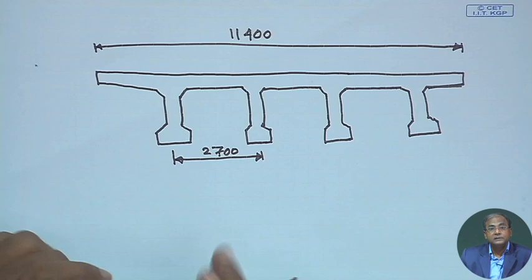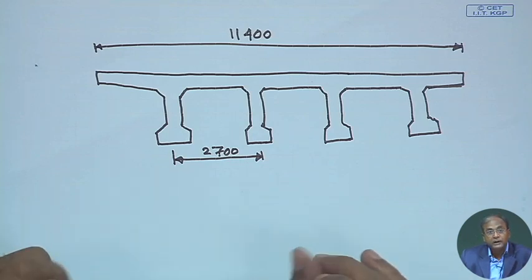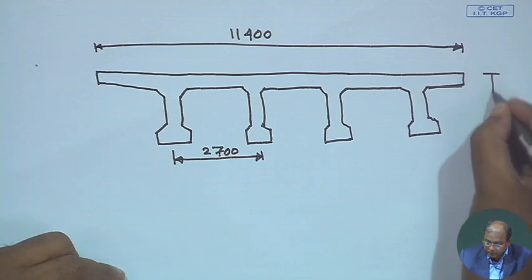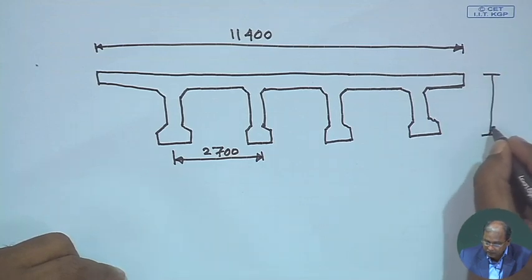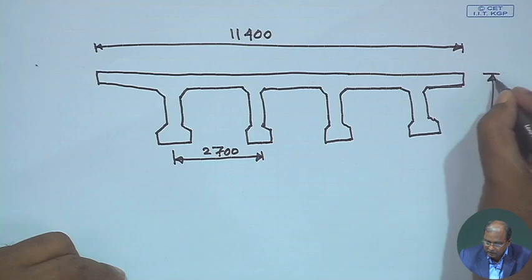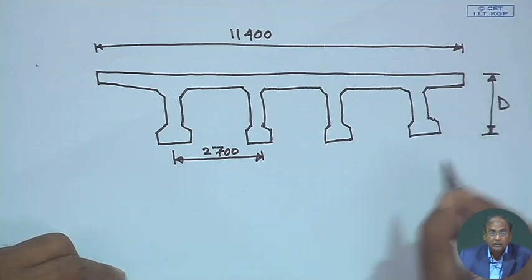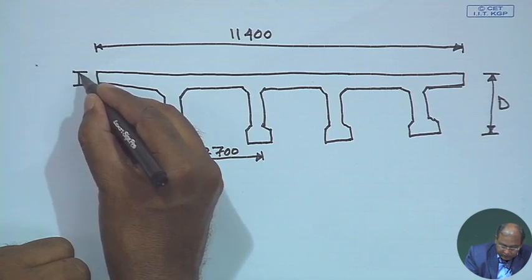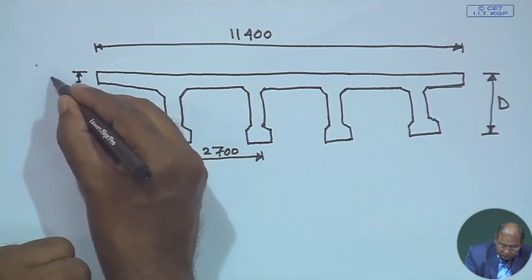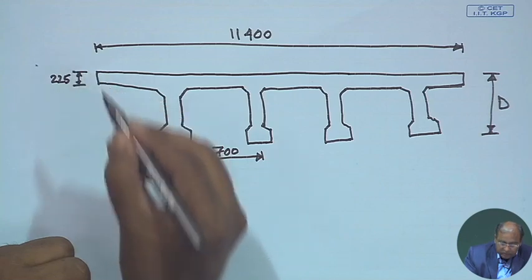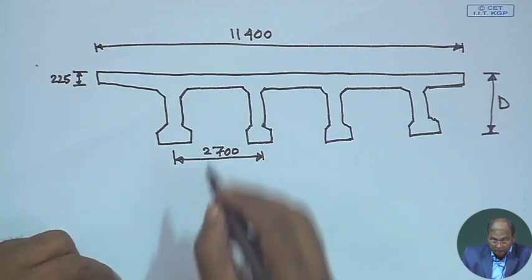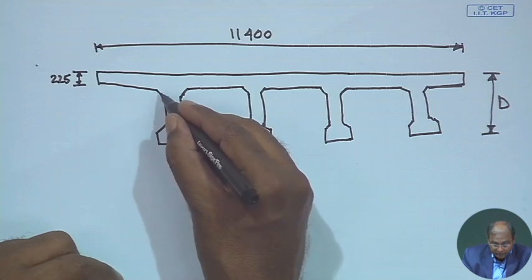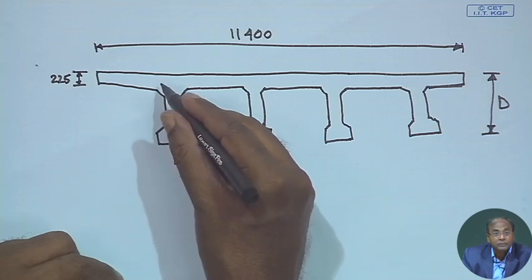Our objective is that we have to provide this section, say with overall depth D. Then we have this section, and including inside also we can consider 225. Then we can give a haunch here. There are many more things we can give, 250 or 200 horizontal, 150 vertical, like that.